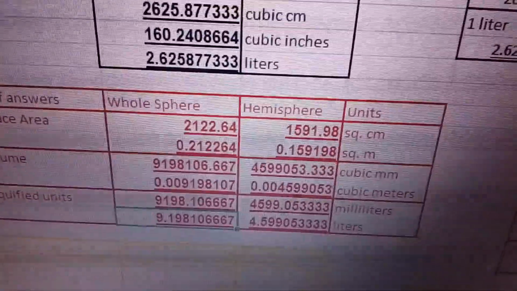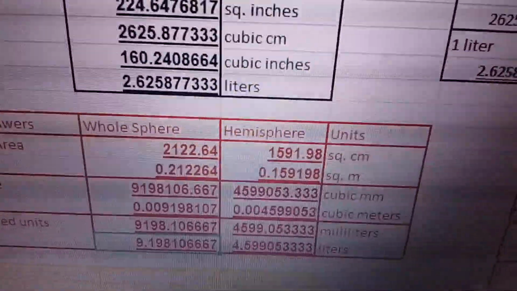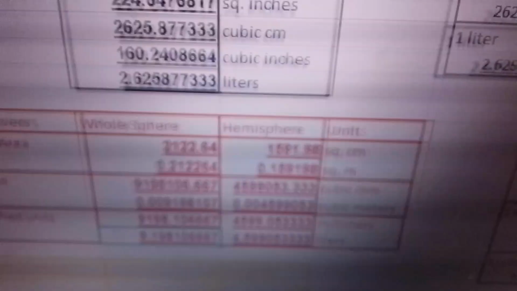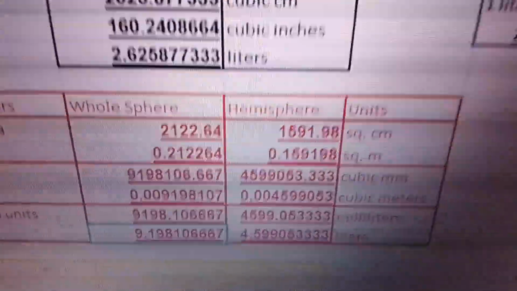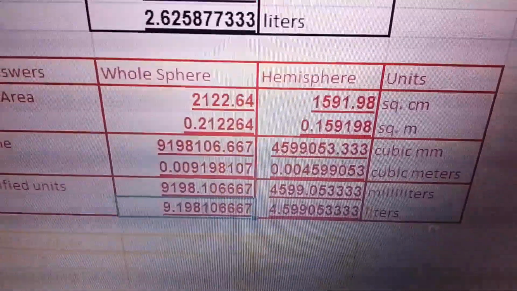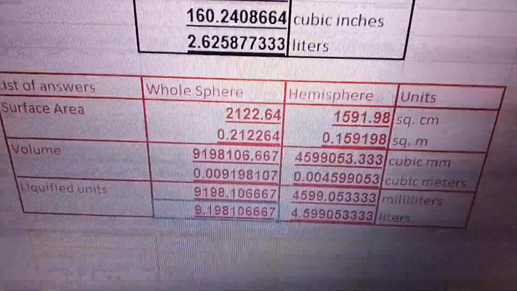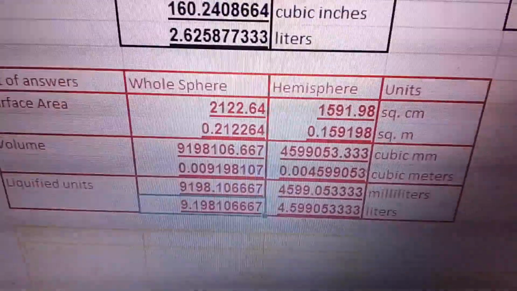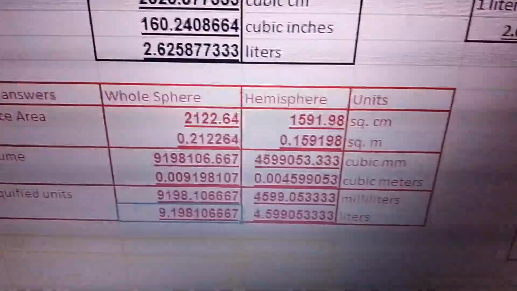So, 1, 2, 3. Kaya, it's 9,198,106. Tapos, if I were to convert that to cubic meters, that's the time I shifted 6 places to the left. So, 1, 2, 3, 4, 5, 6. So, tama nga. So, that is the volume in cubic meters.